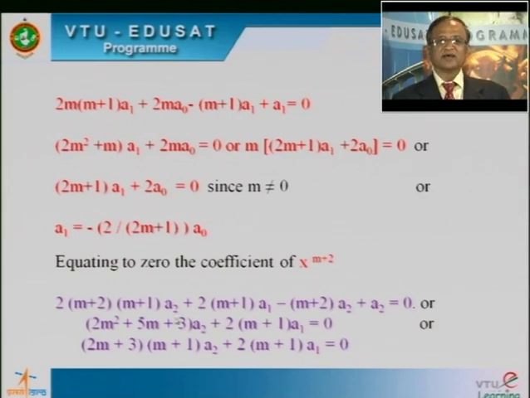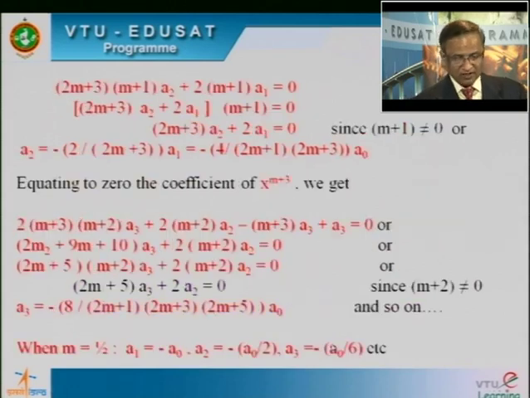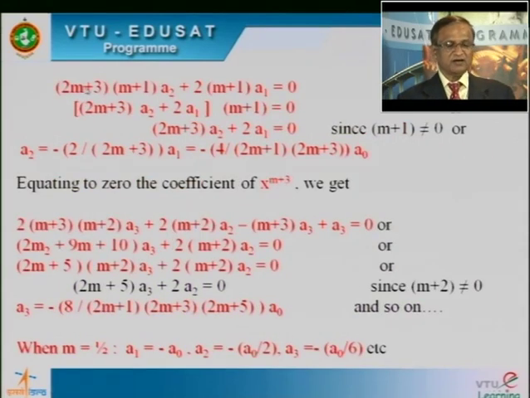So a2 is common, so you will get (2m square plus 5m plus 3) a2 plus 2(m plus 1) a1 is equal to 0, or you can use factorization. By the factorization method, you can obtain (2m plus 3)(m plus 1) a2 plus 2(m plus 1) a1 is equal to 0. Is it clear?